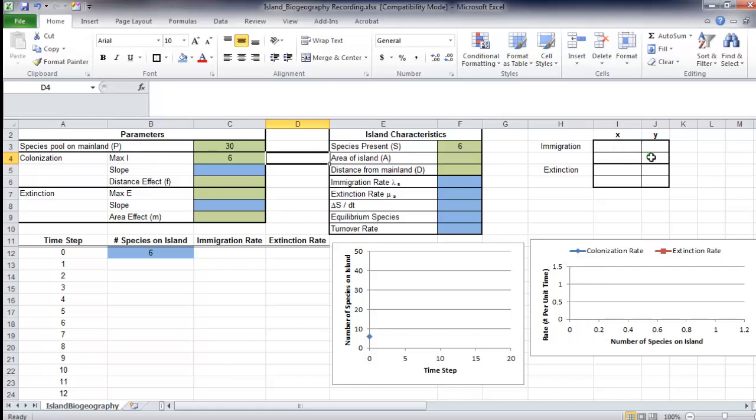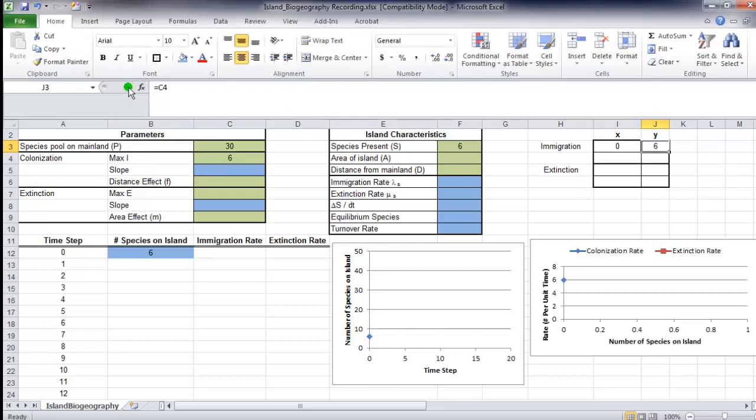We'll plot that x and y value here for our first coordinate. In cell I3 we'll enter the number 0, and then in cell J3 we'll reference the number 6, and you'll be able to see that that plots our first point for the colonization rate.